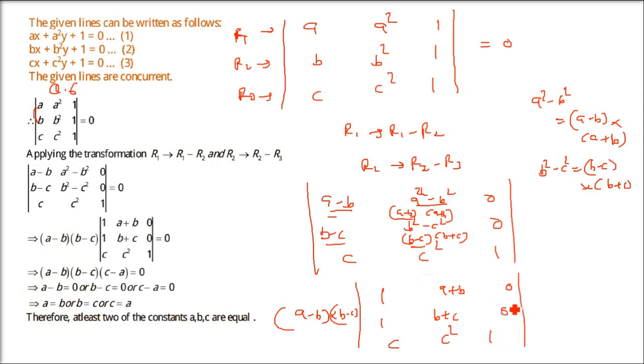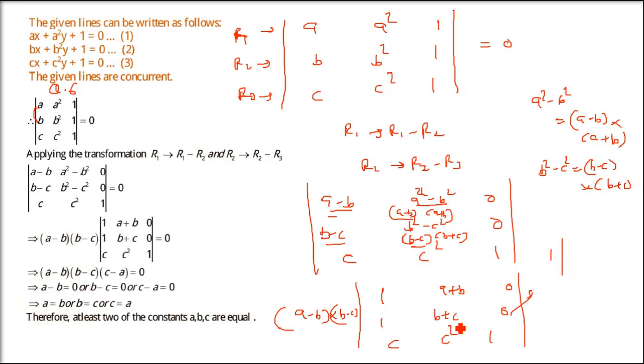Now we'll open it using the third row because I can see 2 zeros. So I'm not going to write the zero terms. I'll go with the last member of the last column, 1, because the first 2 are 0, so they put the rest of the things to 0 and only 1 will remain.